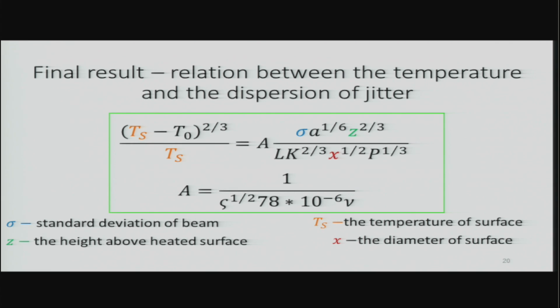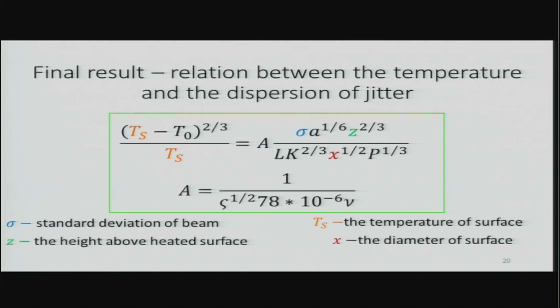And now you can see our final result, the relation between the temperature and the dispersion of zeta. So we can measure the dispersion of zeta, and then by substituting it in this formula, we can simply calculate the temperature of the surface.